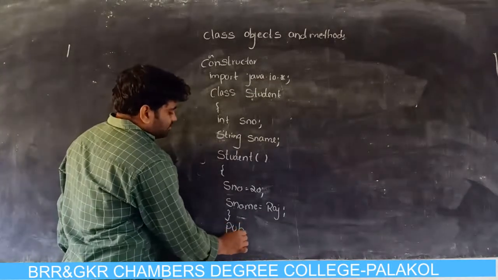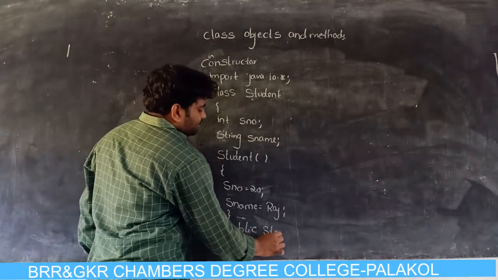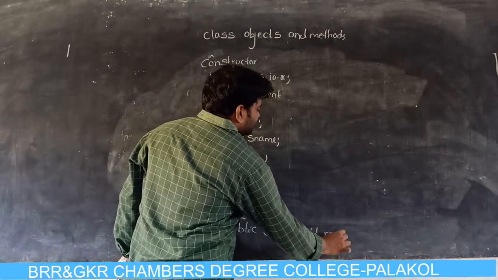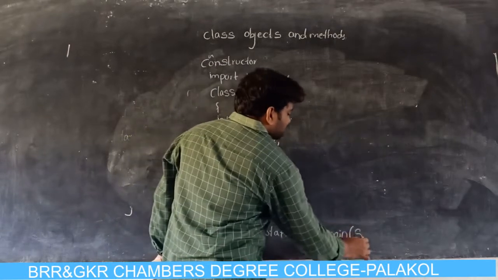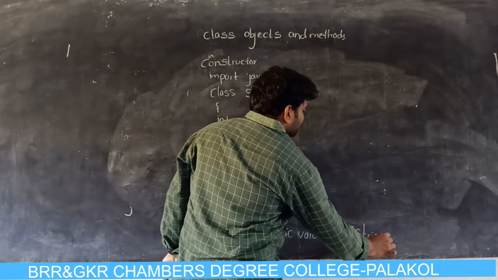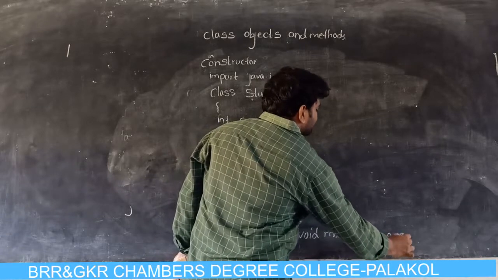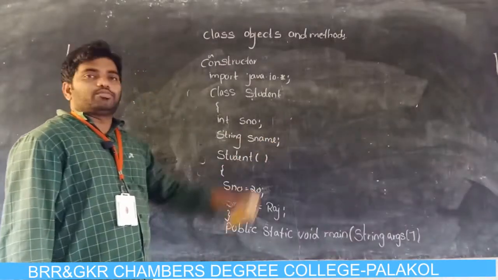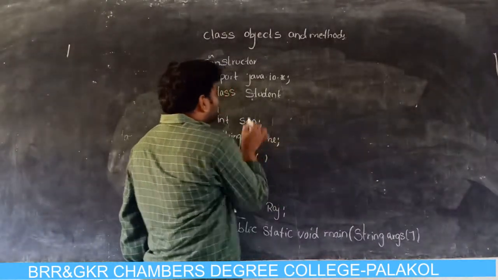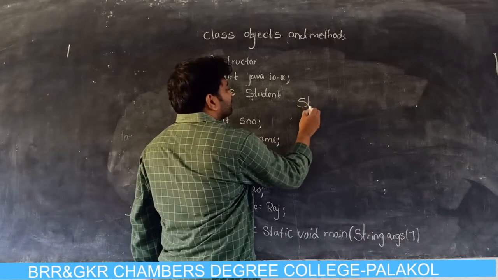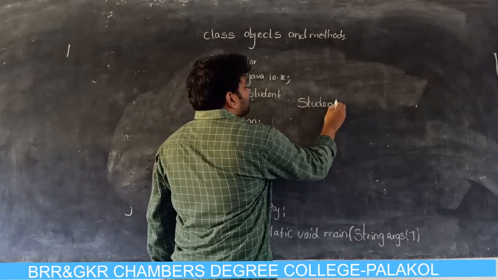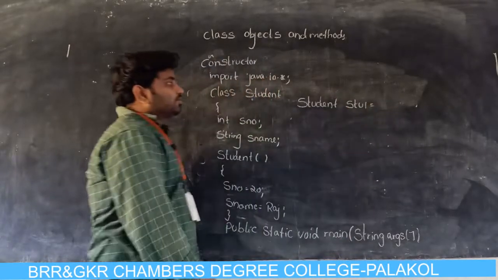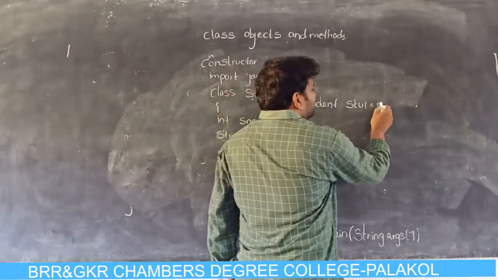Public static void main, String args. Next, you create the object: class name Student, object stu1 is equal to the new operator.